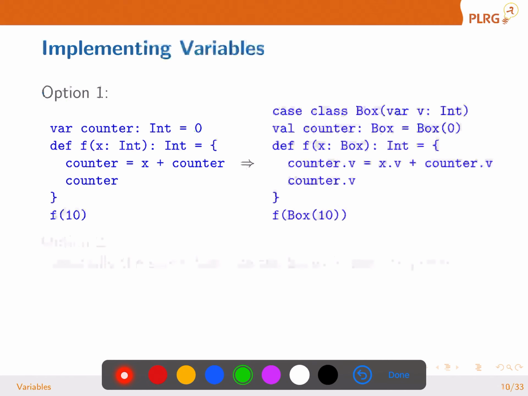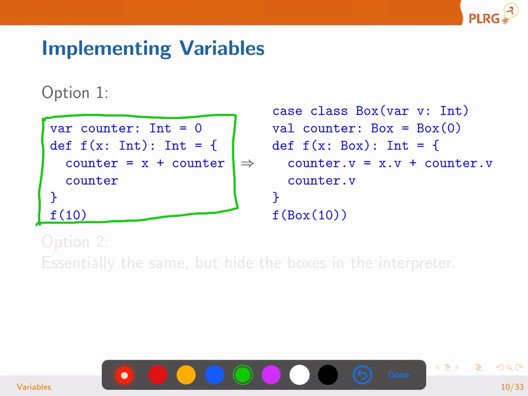So the previous example can be implemented by using boxes, meaning that we can describe the semantics of the variable by using boxes. Hey, counter, your initial value is 0 and I'm going to keep it in this box.